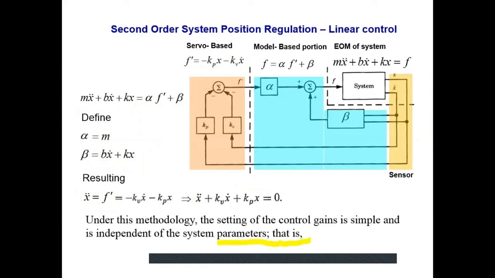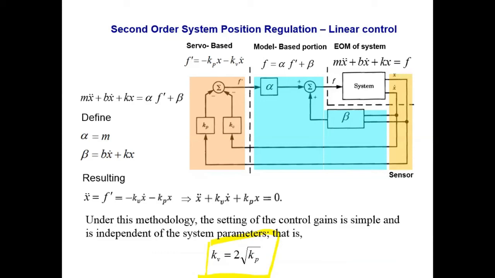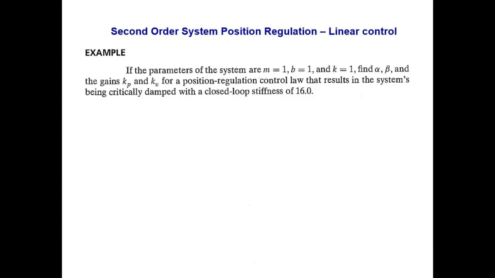We know that the measurements x double dot, x dot and x are real values. So if we solve these expressions, then b square minus 4ac will be positive or 0. And finally, we will get this relation kv is equal to 2 root kp.